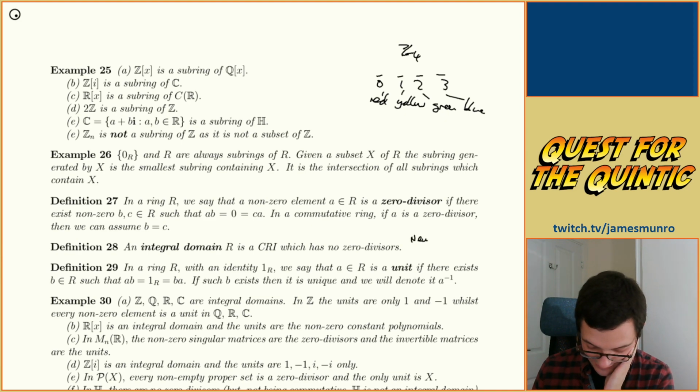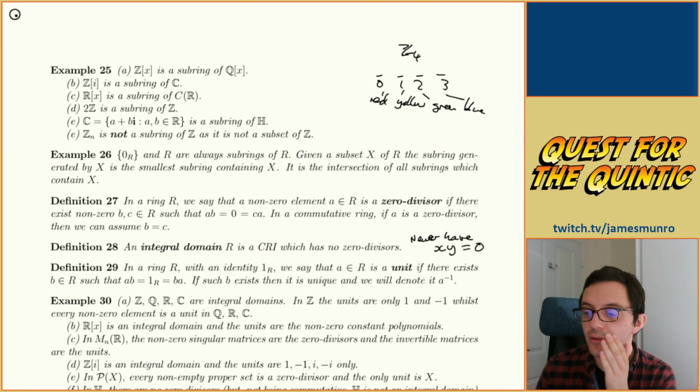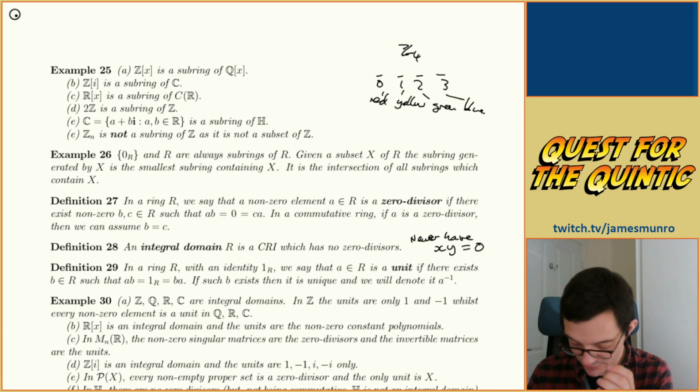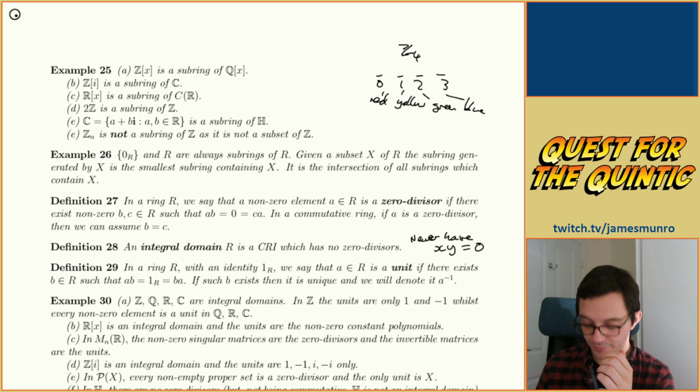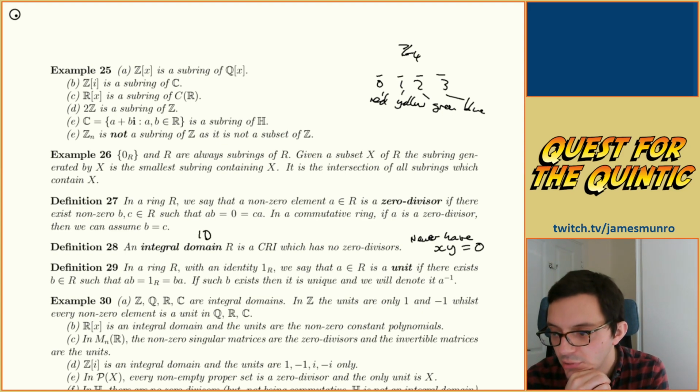So you never have xy equals 0 unless one of them is 0. That seems like an easier way to remember it to me. So integral domain, I'm going to abbreviate to ID. Yeah, okay. So is that true for some of the rings we've seen before? For integers, yes.